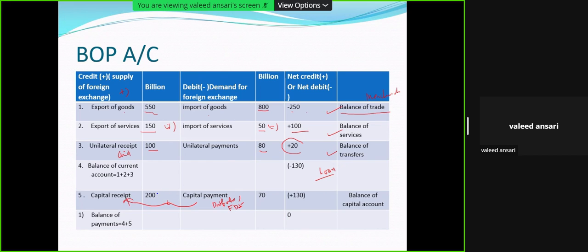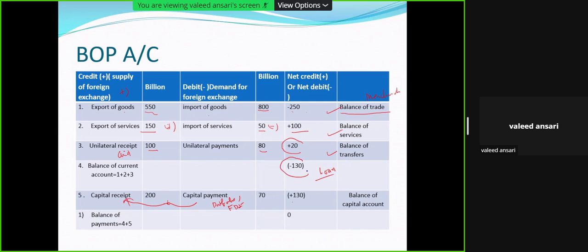Let us say in this period there is an inflow of 200 through portfolio investment, FDI and other investment, whereas 70 is what Indians invest abroad. So here you see minus 130 and plus 130. That is the capital account.